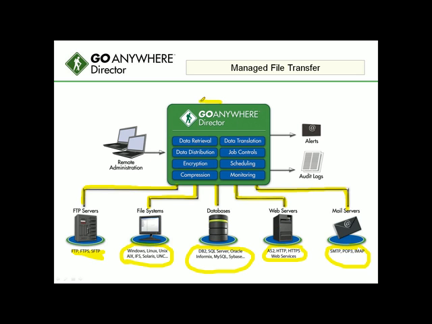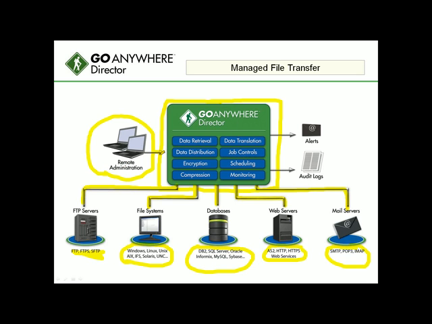So the product loads on one of your systems on your network, and you can put it on a Windows server, Linux box, Unix, Solaris, IBM i-Series. It runs on a lot of different operating systems. Once you get it installed, you'll then be able to connect right up to GoAnywhere Director using your browser.